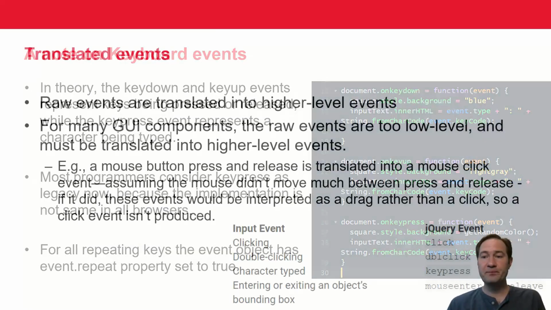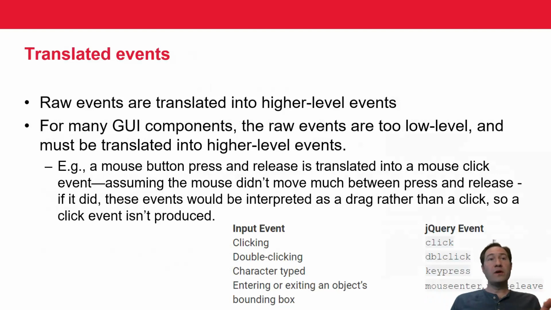Even though it's technically available to use, it can be problematic for you. Once those raw events come in, they can also be translated into higher level events. We'd call this a translated event. For many GUI components, the raw events are really too low level, and we need more information to know what to do to handle these when we're listening for them. So a mouse button press and release is translated into a mouse click. Two raw events are interpreted as one translated event.